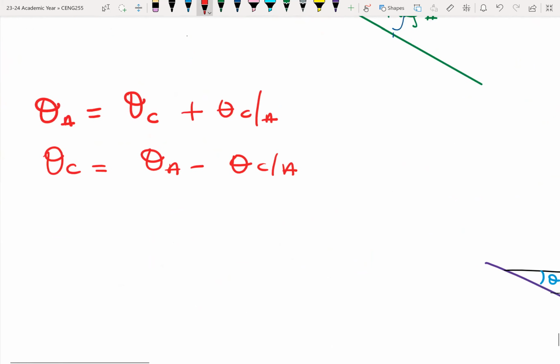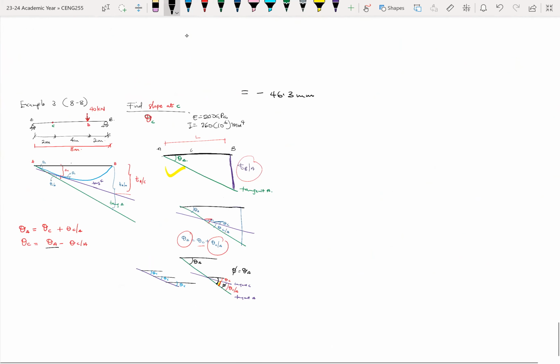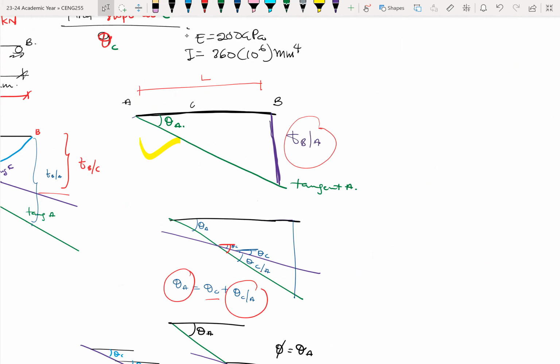Yeah, so we'll continue with it next week. You can play around with it. The main thing is to find theta A, and you can use angles to find theta A. So here, tan theta A is equal to TBA over L, right?